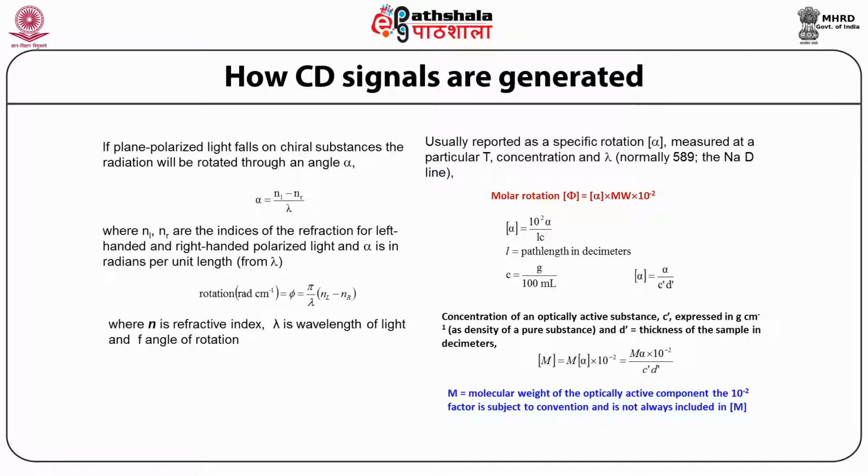Alpha equals alpha by C prime D prime, where the concentration of an optically active substance C is expressed in gram per centimeter cubed and D is the thickness of the sample in centimeter. So M equals M alpha times 10 to the power minus 2, divided by C D, where M is the molecular weight of the active substance, and the 10 to the power minus 2 factor is subject to convention and not always included in M.